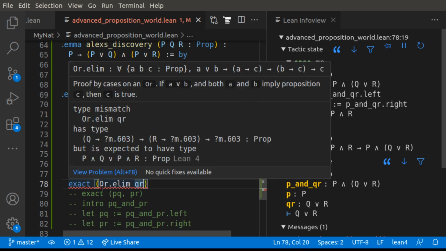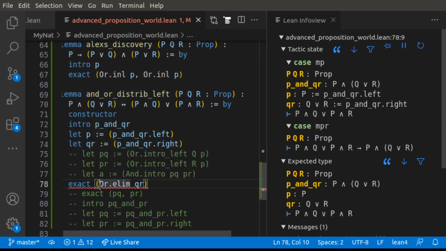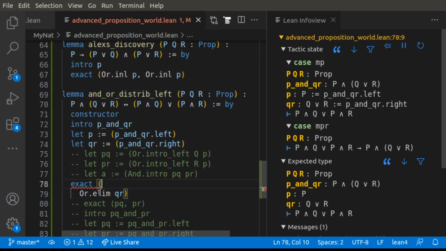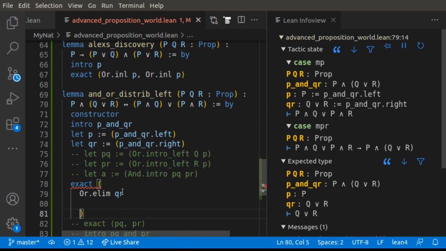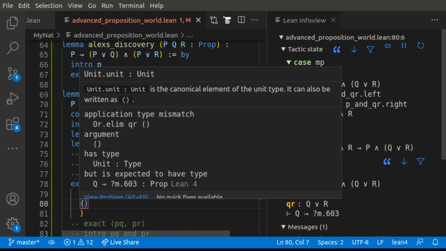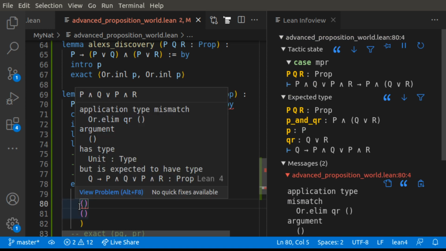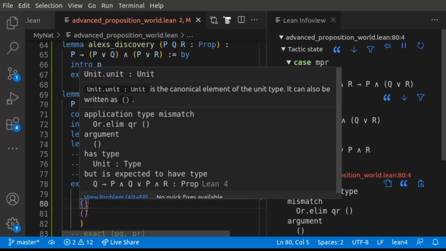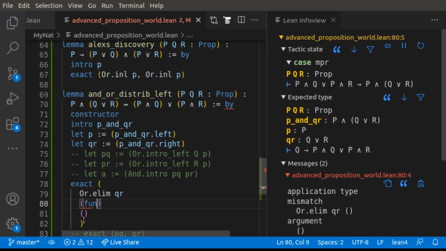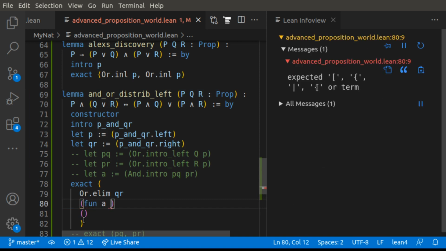Q or R, and then we just put this into a couple of cases, into the two cases. The first one should be, okay, so let's make this fun.